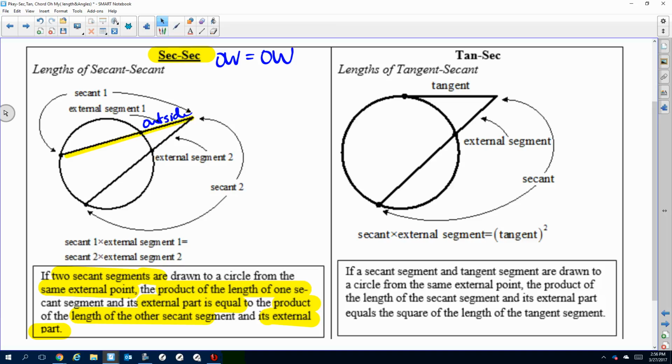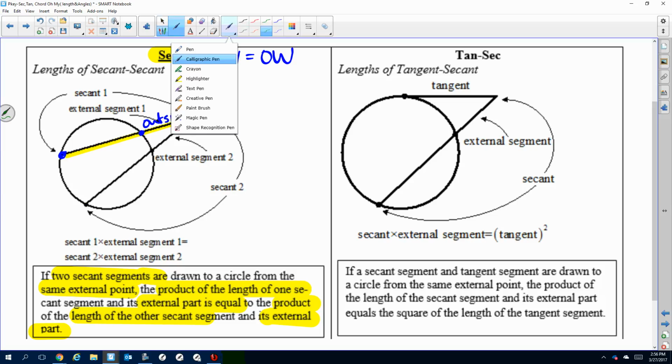And another thing, please do not just think a secant is a line that goes through. A secant is a segment or a line that intersects a circle at exactly 2 points. So on the second secant, you have an external part.